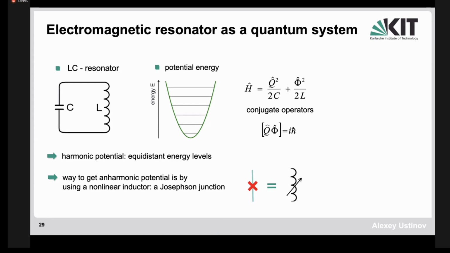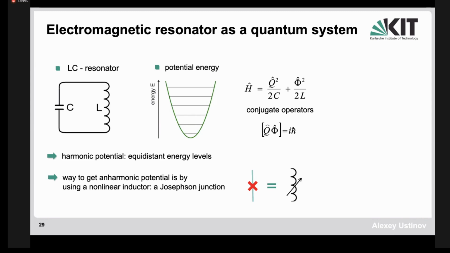So the energy consists of the energy in the capacitor and the energy in the inductor. One can simply introduce the Hamiltonian, which is written there: the square of the charge operator divided by twice the capacitance, plus the square of the flux operator divided by twice the inductance. Flux is basically the flux associated with the magnetic field induced by this inductor. Similarly to mechanics, where we have uncertainty between coordinate and momentum, here we again have uncertainty between charge and flux.